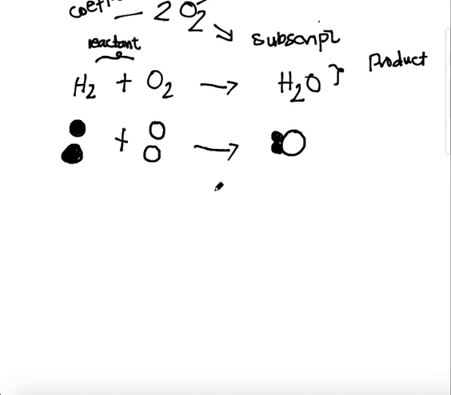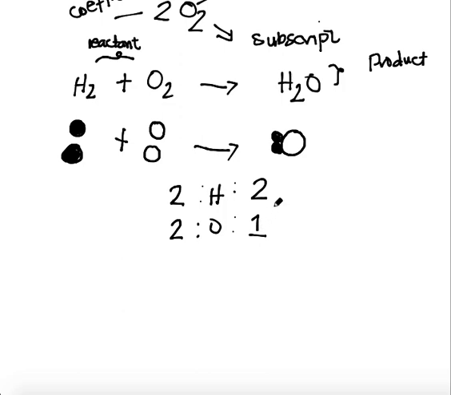For the elements hydrogen and oxygen, the reactant side has hydrogen equal to 2 and oxygen also equal to 2. But on the product side, hydrogen is equal to 2 and oxygen is equal to 1. Meaning to say, that is not balanced.